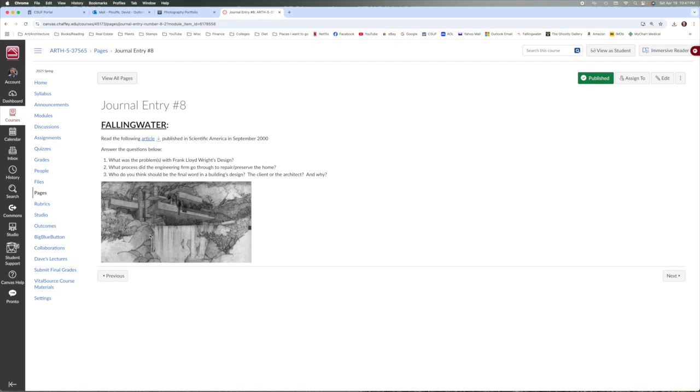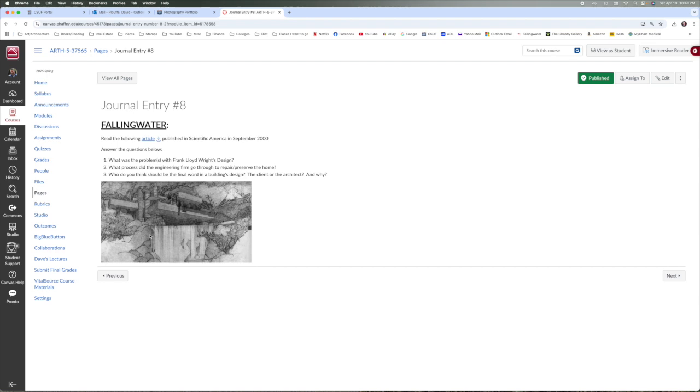Do you think the final word in a design should be the client's, who's paying for the work, or the architect who is creating the building? And I will tell you, if you commission Frank Lloyd Wright to build a building, his would be the final word. So you have to choose one side or the other.